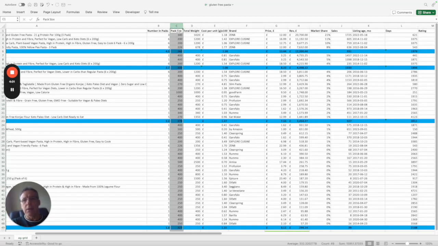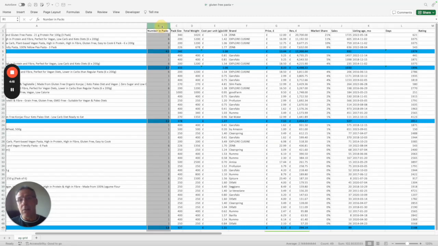So you want to be doing 250 gram packs, but in packs of 6 rather than one pack of 400, because the market's telling you that those that are selling big, and there is a very clear trend, 4.5, 2.7, 2.2, 1.6, a very clear trend that the bigger the number of packs in your product, the better you sell.